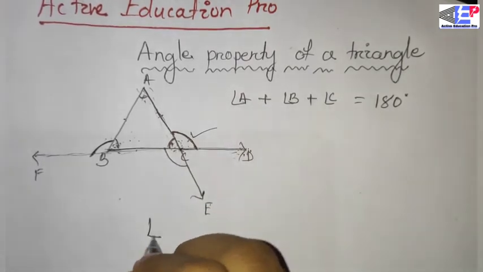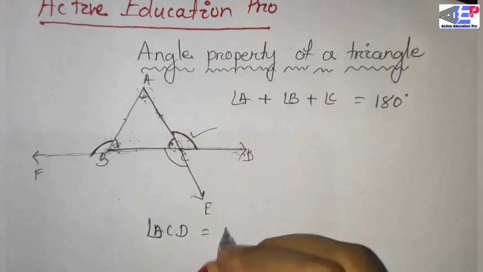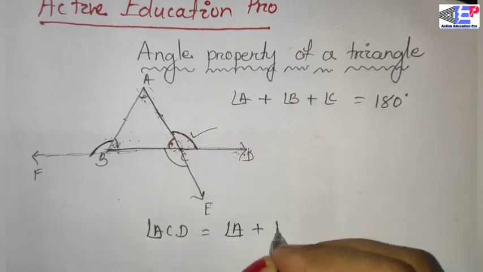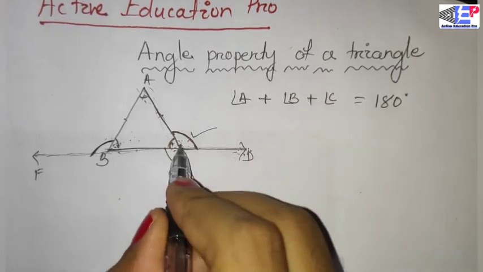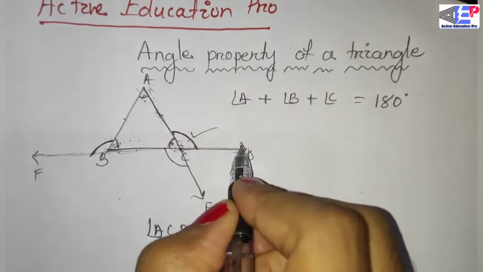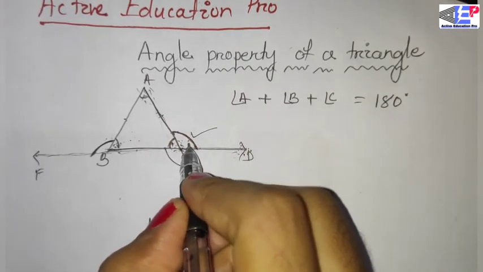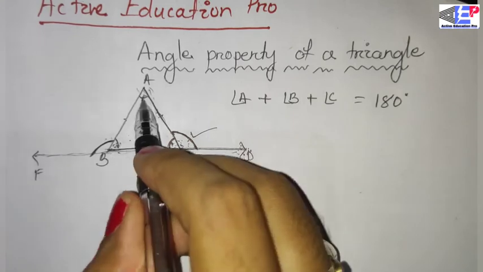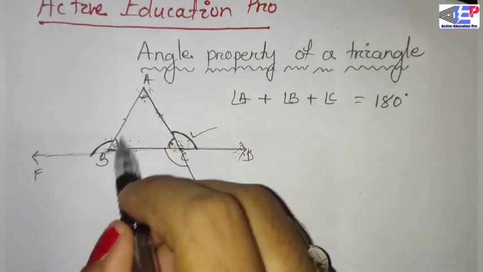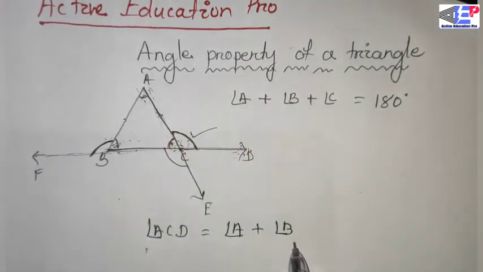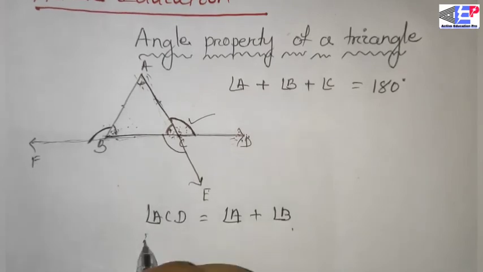Here ACD is equal to angle A plus angle B. ACD is the exterior angle and it is equal to the sum of the two opposite interior angles. Similarly, you can write ABF.